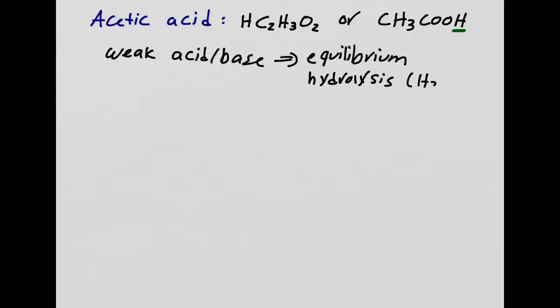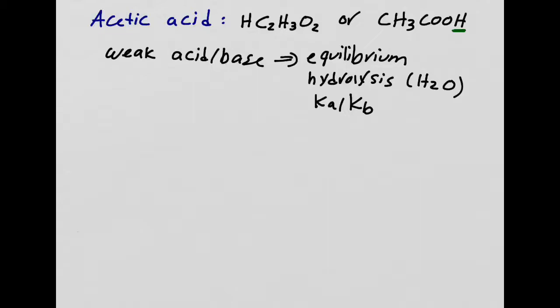Hydrolysis is when you add the water to the acid or base and then see what happens. So every time you have a weak acid or base, you have an equilibrium. Do a hydrolysis and you have a Ka or Kb, right? You have an equilibrium constant.